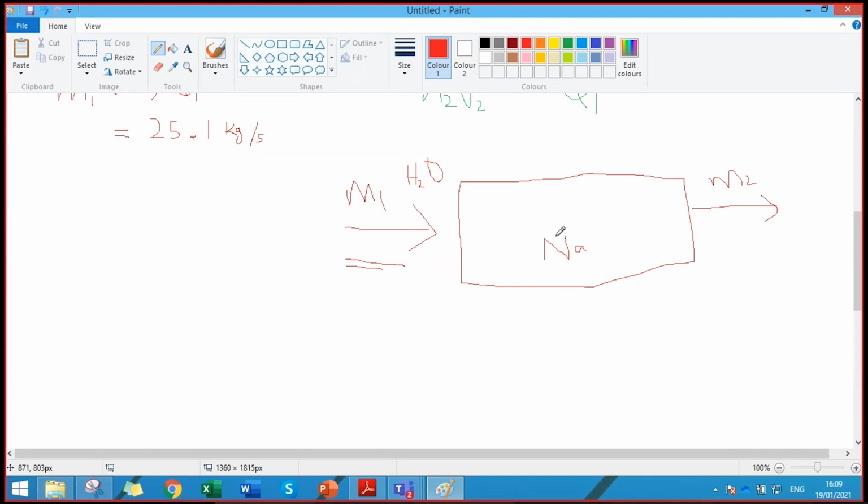So water will be converted into something else. I don't know what the reaction between water and sodium is, let's say it's NaOH. We get sodium hydroxide. So on the outlet we will not get any water, we will get some byproduct, right?